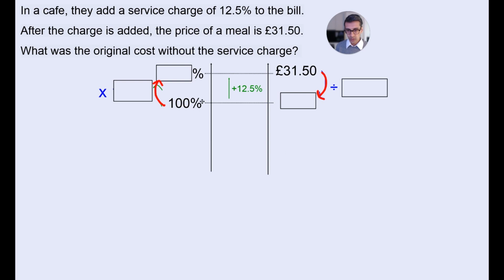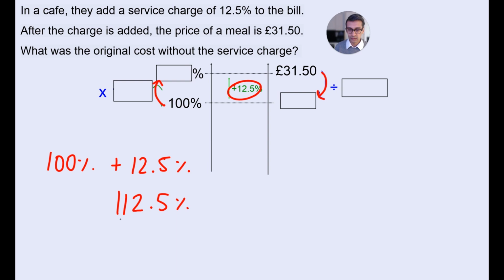So if we start with 100%, our original price, and we're increasing it by 12.5%, 100% plus 12.5% is 112.5%. So our decimal multiplier, we divide that by 100 to get 1.125. Now if we're going in the opposite direction, we're going to divide by 1.125.